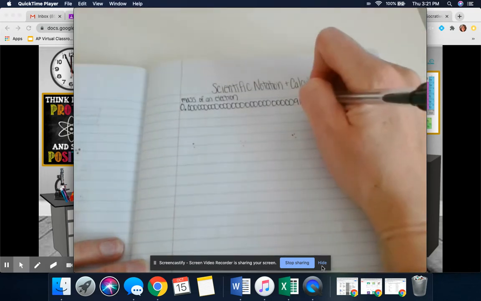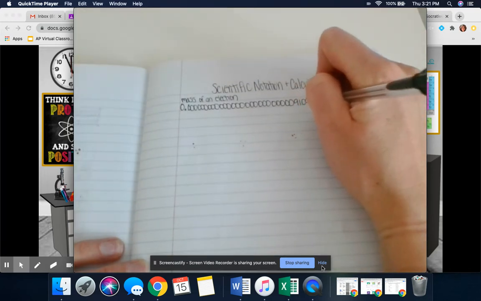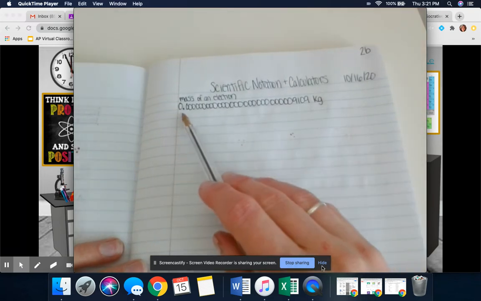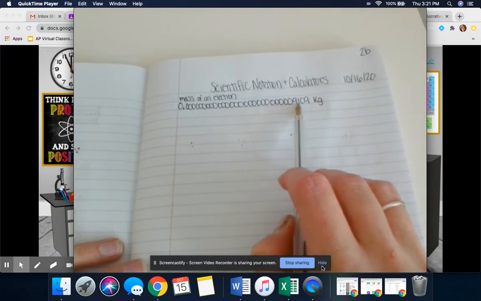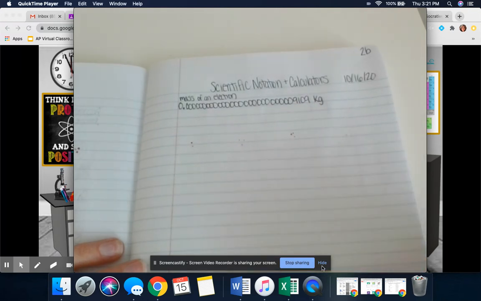Okay, and that's in our SI unit, kilograms. You should remember from yesterday that a kilogram is actually 1,000 grams. And we're going to start working with those numbers in terms of mathematical computation starting on Monday. But again, 26 zeros and then 9109 kilograms. That's how much one electron weighs.